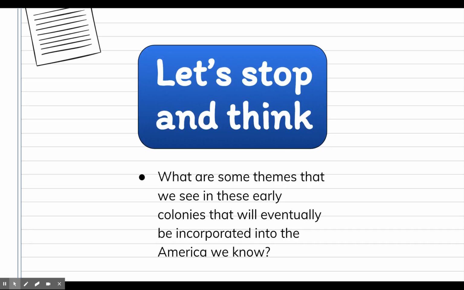So let's stop and think. What are some themes that we see in these early colonies that will eventually be incorporated into the America we know? So within the Massachusetts Bay Colony, we started to see early elements of democracy where all the males could vote. So again, they're voting for their officials. We start to see the idea of the separation of church and state with Rhode Island.